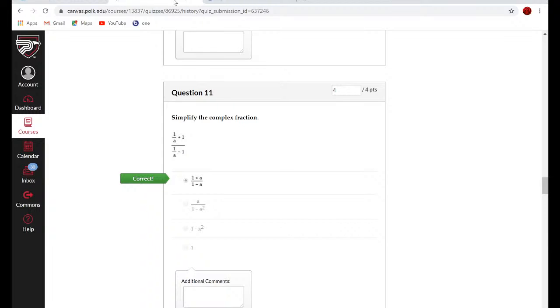You cancel the x's? No, you cannot cancel the x's. You gotta add them together and then do keep, change, flip. Does that help? Not really.